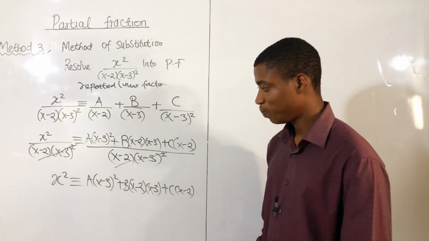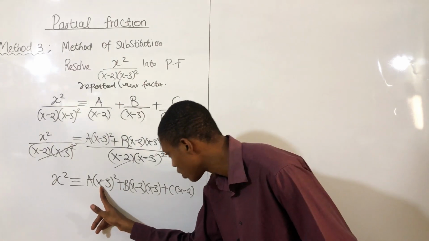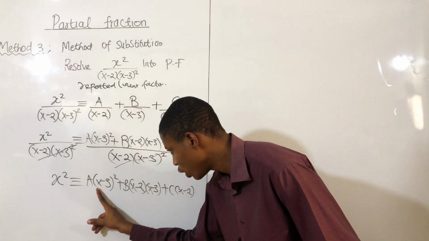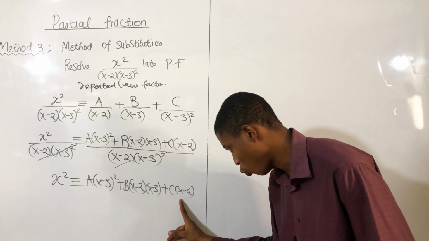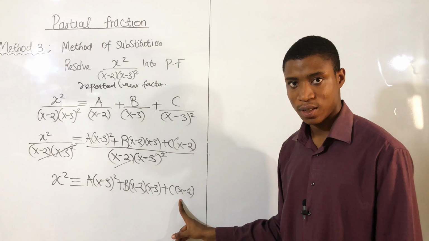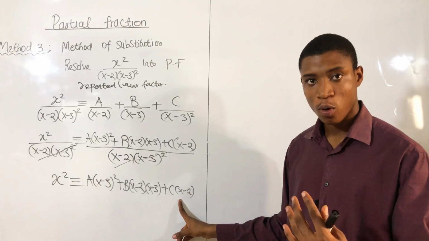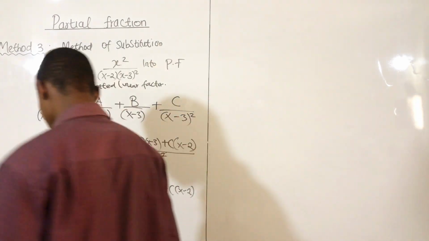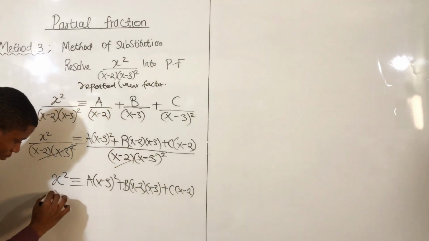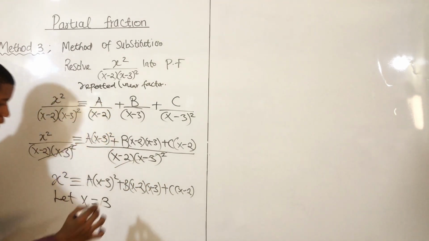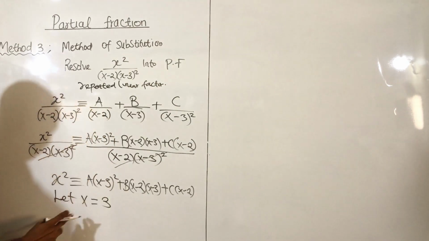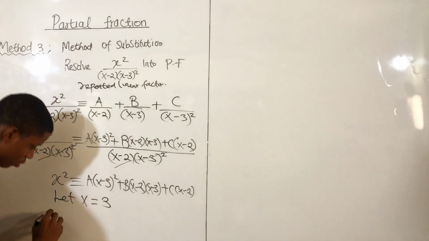So if we make x equal to 3 here, A will be 0, B will be 0, and we'll have the value of C. So first of all, let x be equal to 3.